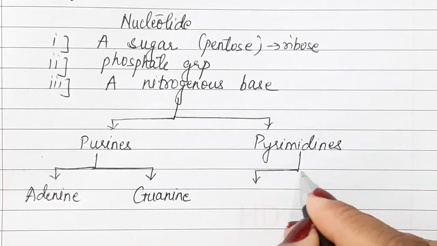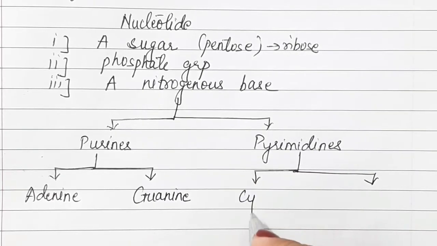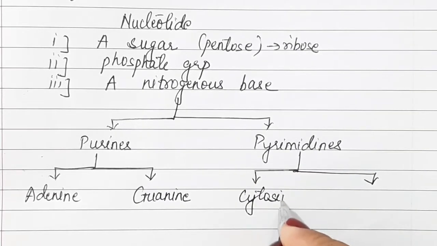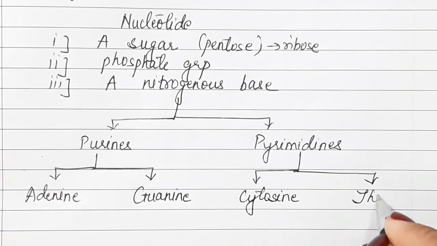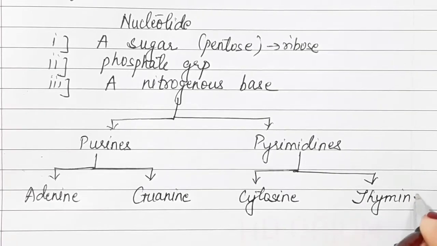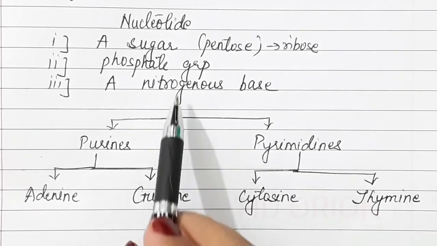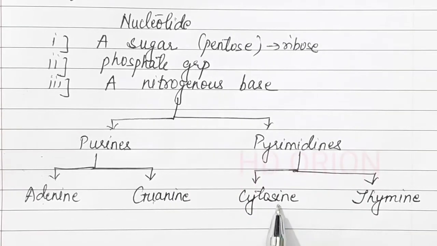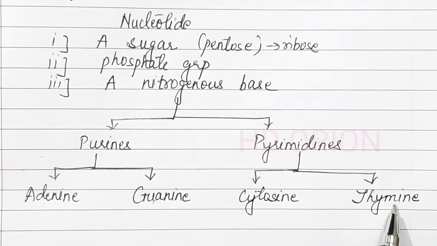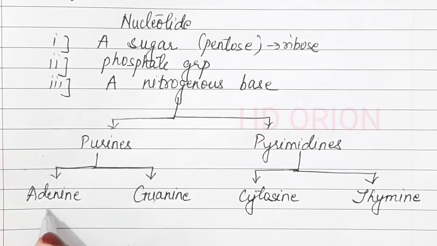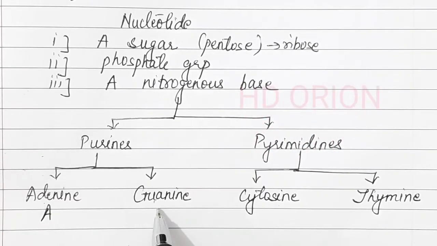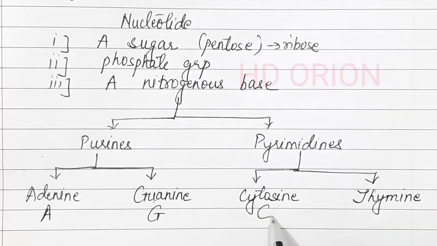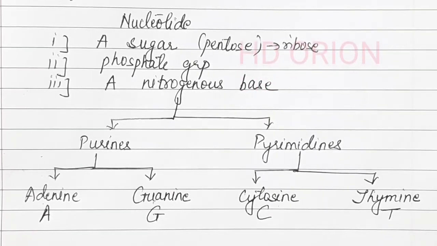Pyrimidines are further of two types: cytosine and thymine. So in all, the nitrogenous bases are of four types: adenine, guanine, cytosine and thymine. And when we study the structure of DNA, we will refer to adenine as A, guanine as G, cytosine as C and thymine as T.